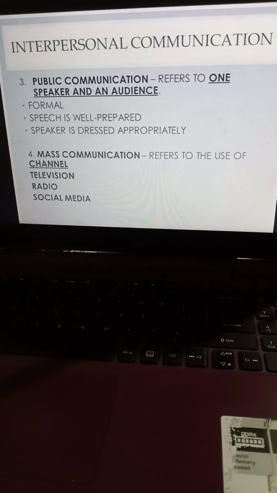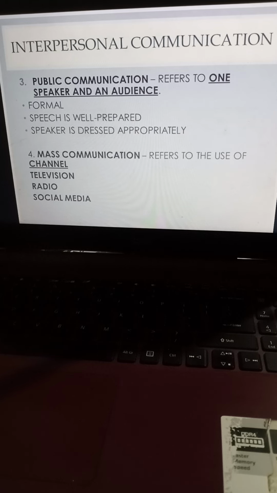Next, let's proceed to the public communication. So this refers to one speaker and an audience. So the speaker delivers a message to many listeners. So the speaker and the listeners' roles are not interchangeable, unlike dyadic communication. So public communications are formal. The speech is well prepared, the speaker is dressed properly, and there are listeners that are set to listen.